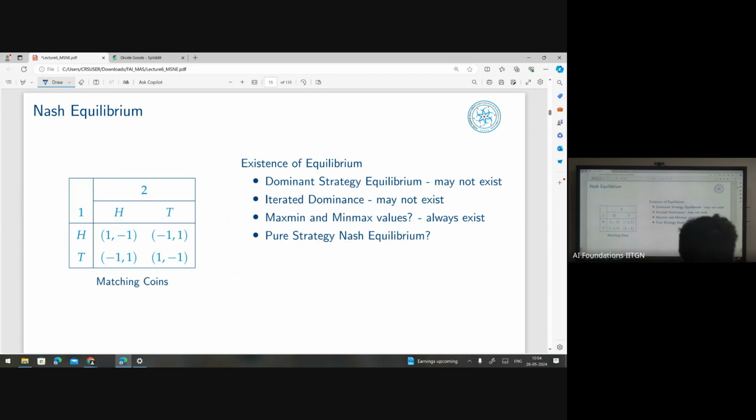And what is the pure strategy Nash equilibrium here? That also doesn't exist. If you remember, in the last class we saw that the best response formed a cycle.